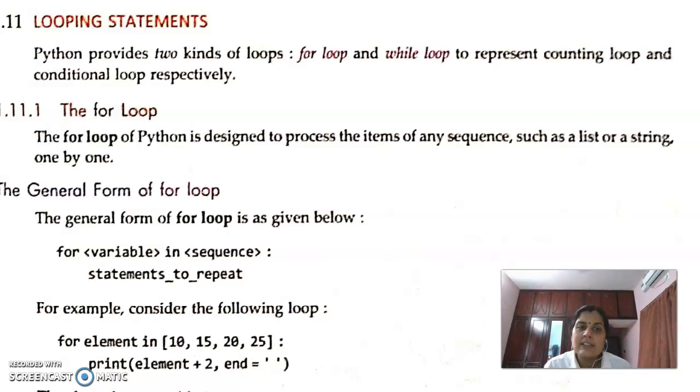In looping statements, same as conditional statements, we are checking some conditions, and if the conditions are true, then the block is executed many times according to our wish. We can set how many times this block is executed.